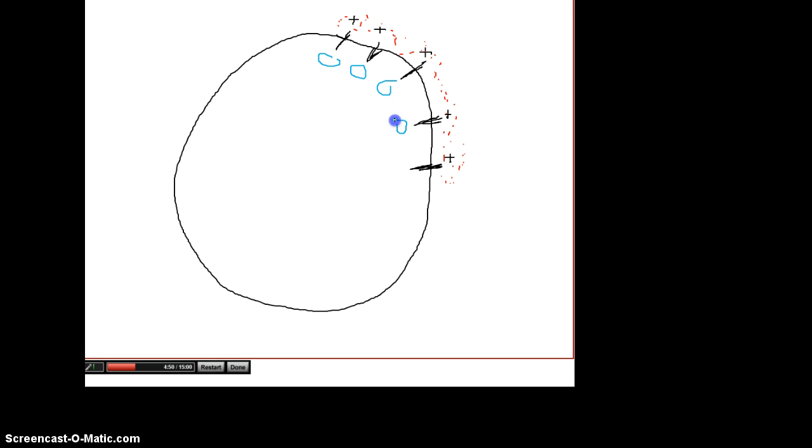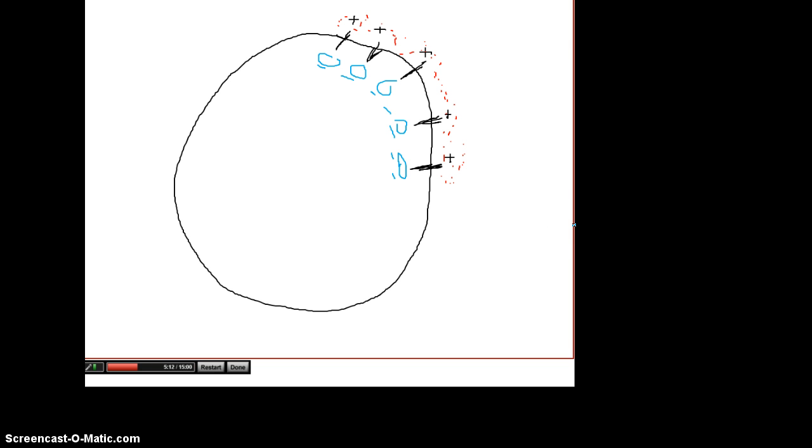So I'll just draw a bunch of anions here, and they're all negatively charged. So you end up with a bunch of negative charges lined up on the inside of the membrane and positive charges lined up on the outside of the membrane.